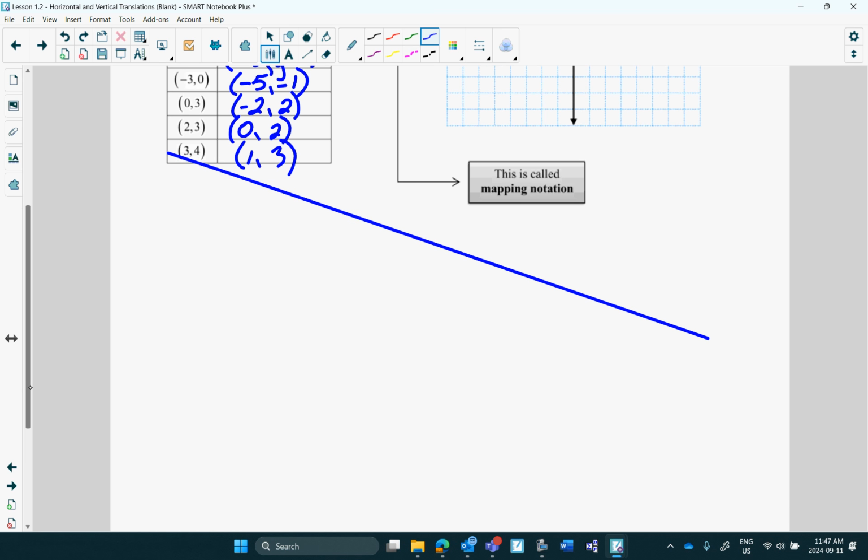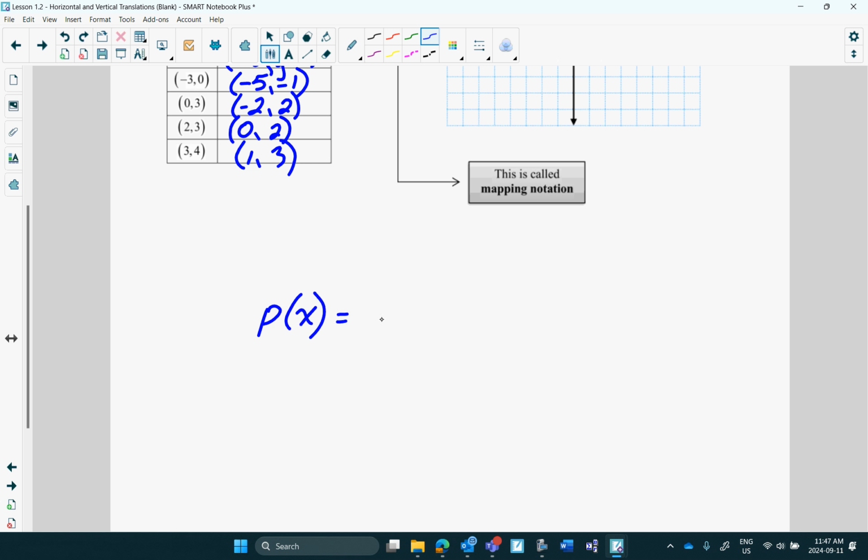Because if I gave you that original function, f of x, and I said, okay, we're going to create a new one called p of x, and p of x is going to look like -1/2 f of 3 x minus 1 plus 7.